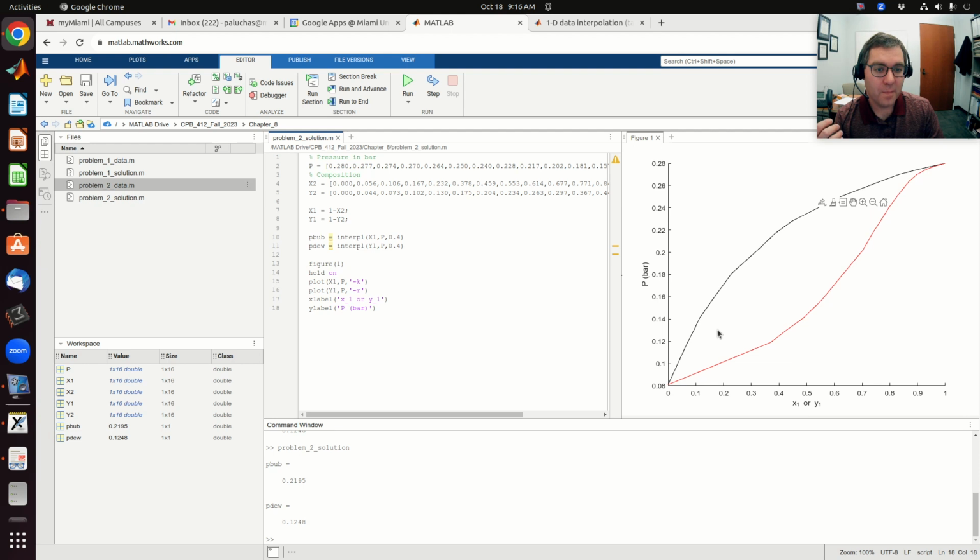But again, here's my PXY bubble line up top, dew line on the bottom. So if I were to draw in an isobar, my Y is greater than my X. This is a non-ideal system, but my solution would be exactly the same. The sketch is just a guide to help me with my solution, and whether it's ideal or not wouldn't affect that.